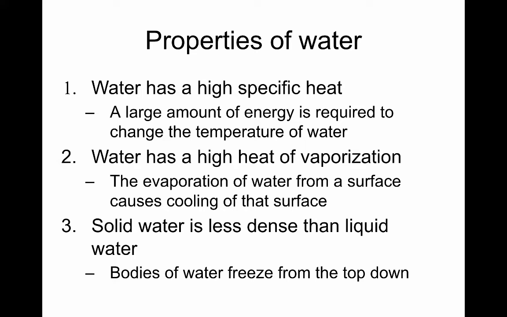Because water has a high heat of vaporization, it can pull a lot of heat out of your body through your skin, put it into the water of the sweat, and then evaporate the sweat, leaving the surface cooler than it was, because it used that heat to evaporate the water.